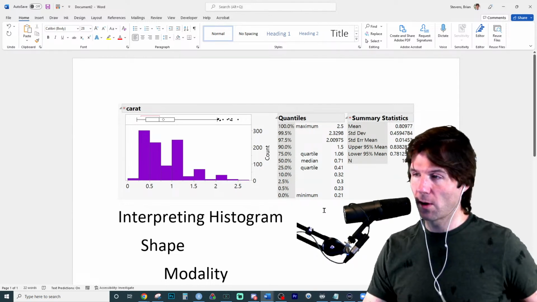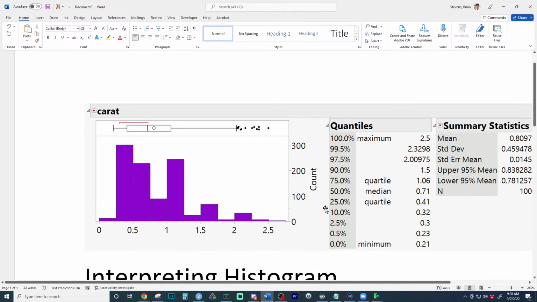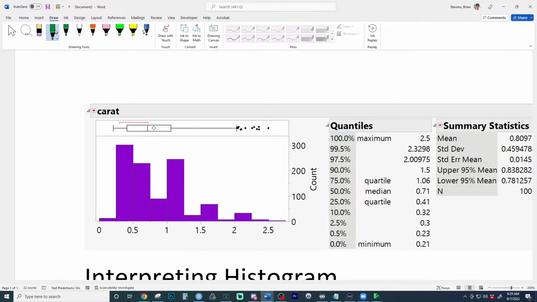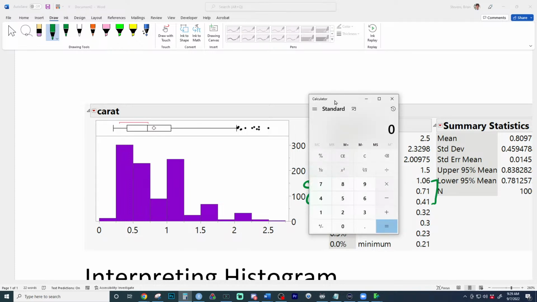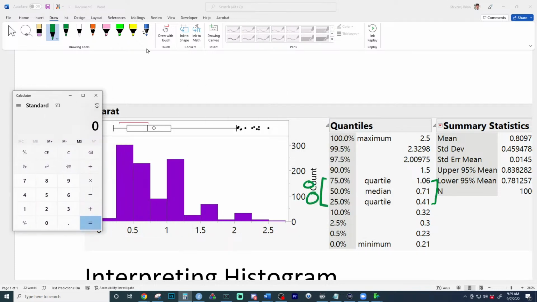Now the IQR is the range of the middle 50%. IQR stands for interquartile range, interquarters. Interquarters would be 2 quarters. 2 quarters is 50% of the data. So this is the interquartile range of the data set. And I didn't take a random sample. Please make sure to take your random sample. I didn't do that for this example.